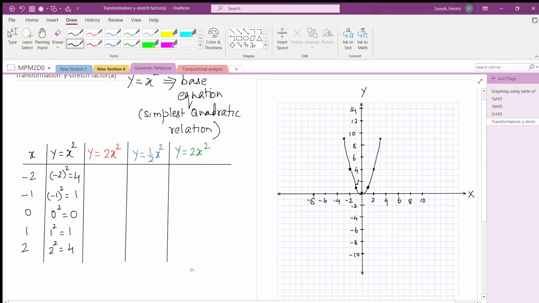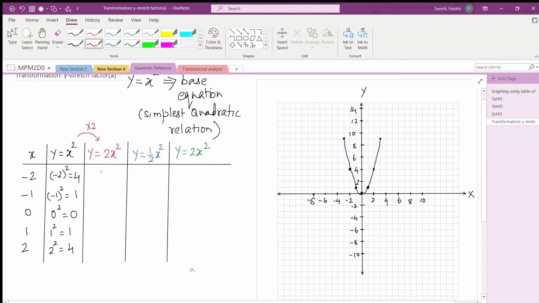So what happens if I have to plot y equals 2x squared? What will be the difference between the y equals x squared column and the y equals 2x squared column? We have the x squared values here, 4, 1, 0, 1, and 4. So if I multiply the first column by a 2, I will get the second column, right? So simply double the values of these.